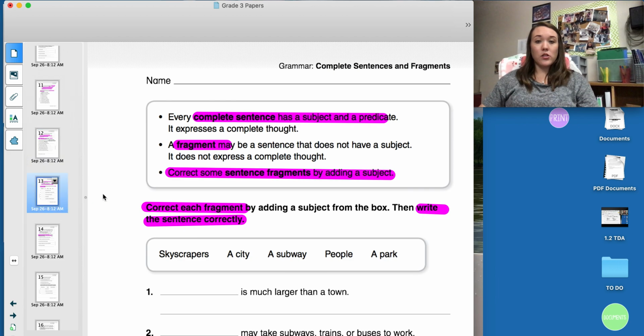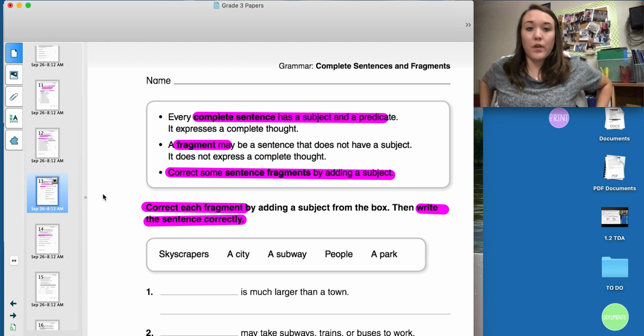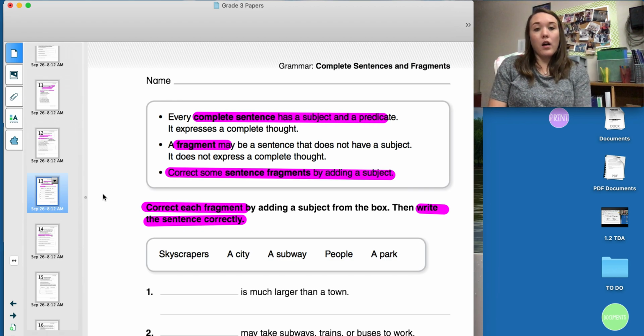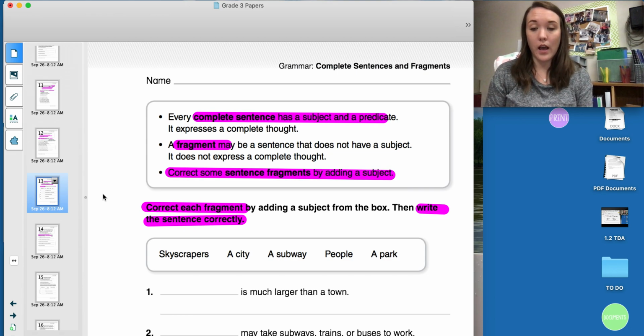Your next page is page 13, and on this page we're looking at complete sentences and fragments. We've looked at this before, so it should be review. Our box reminds us that every complete sentence has a subject and a predicate, and it expresses a complete thought. Again, our Jane talk. A fragment may be a sentence that does not have a subject, so it does not have a complete thought being expressed.